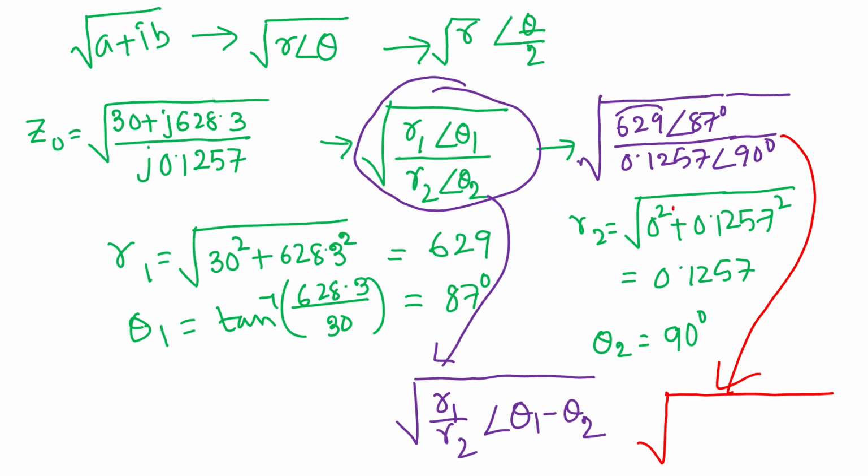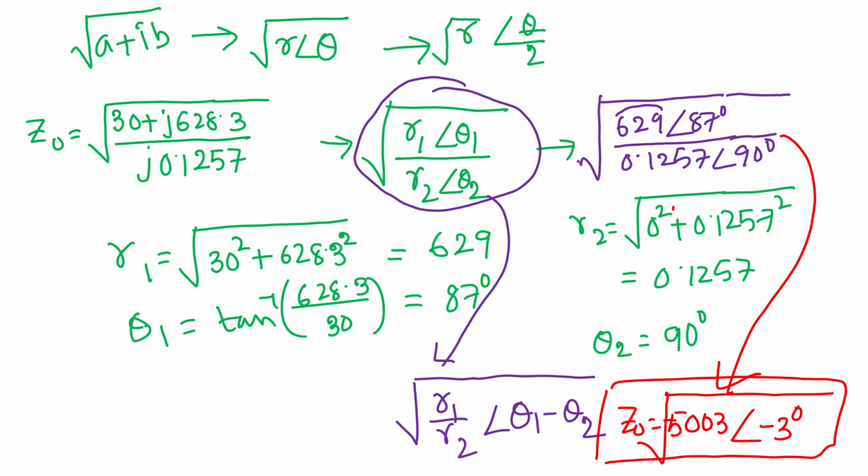It will give me a value close to 5003 point something, so I'm just considering 5003, and the angle will be 87 degrees minus 90 degrees, so I will get minus 3 degrees. So the latest value of z naught that I am getting is 5003 angle minus 3 degrees. Now using this formula I can easily calculate the under root of z naught.